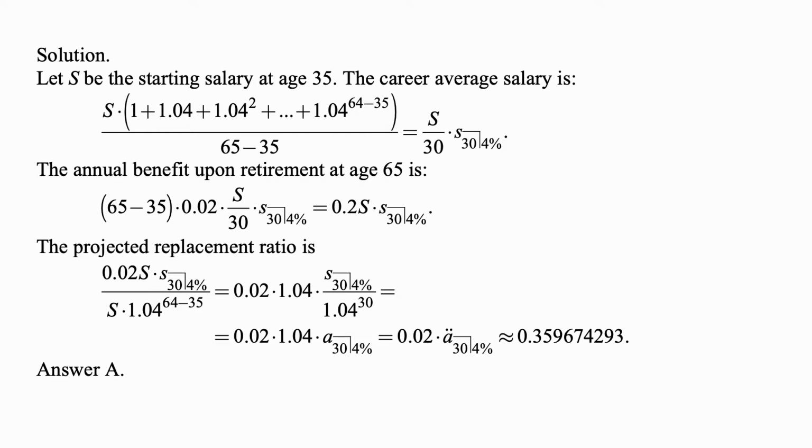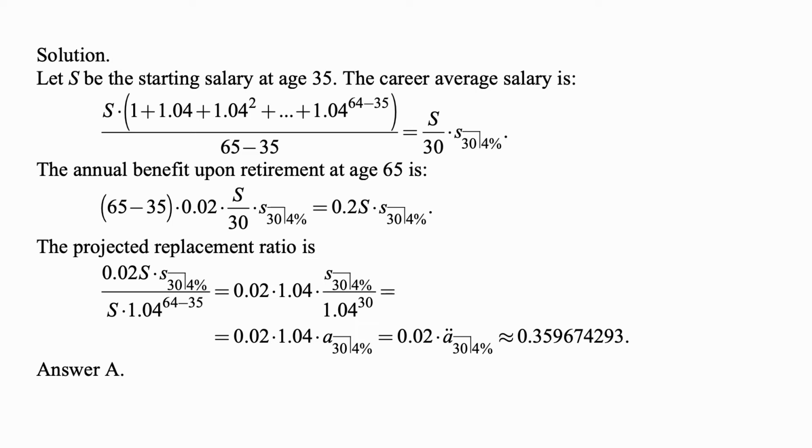And the projected replacement ratio is what we just calculated, that benefit, divided by the last salary, which is S times 1.04 to the 64 minus 35, to the 29th. Now we see that S cancels, so that becomes just 0.02 times, and I write this 1.04 to the 29th as 1.04 to the 30th divided by 1.04, so this becomes 0.02 times 1.04 times s angle 30 at 4% divided by 1.04 to the 30th, which is, of course, a angle 30 at 4%.